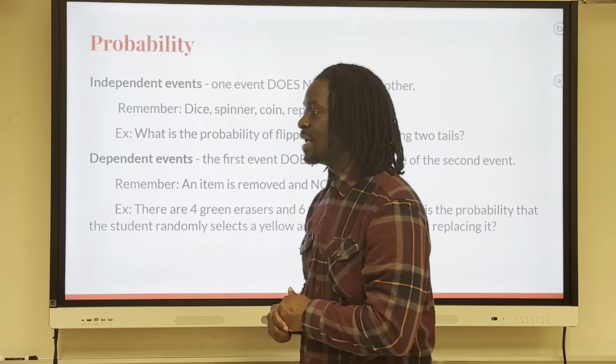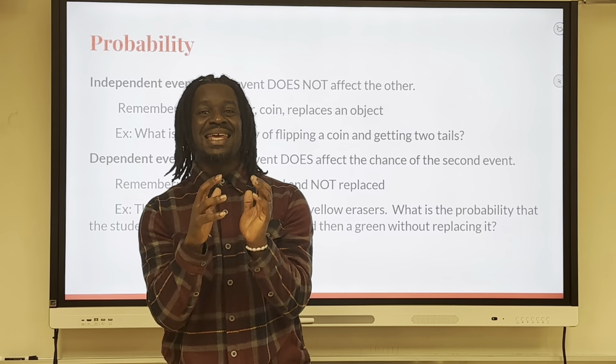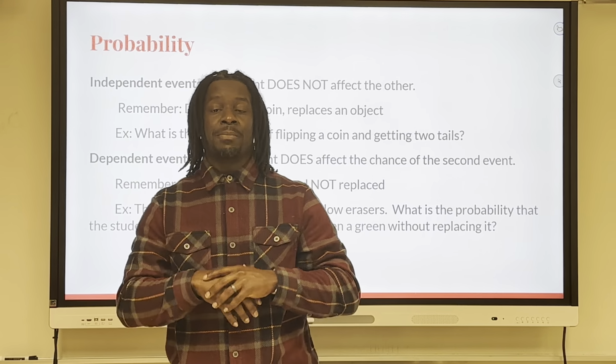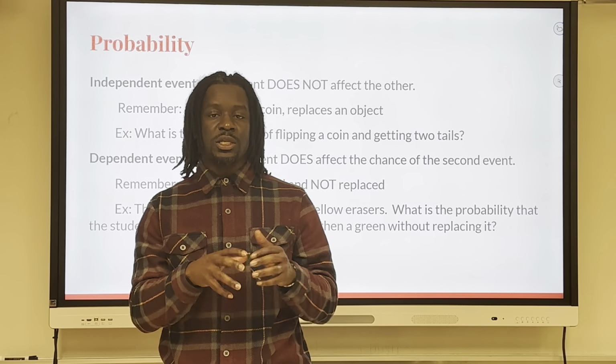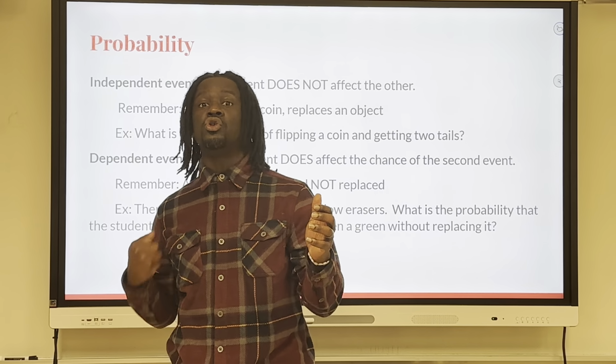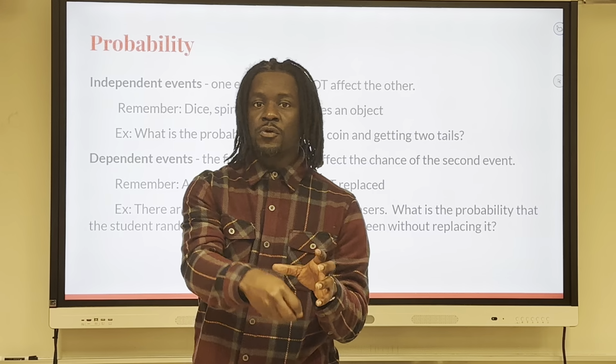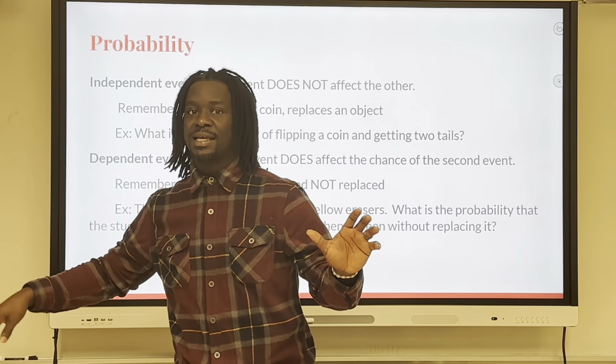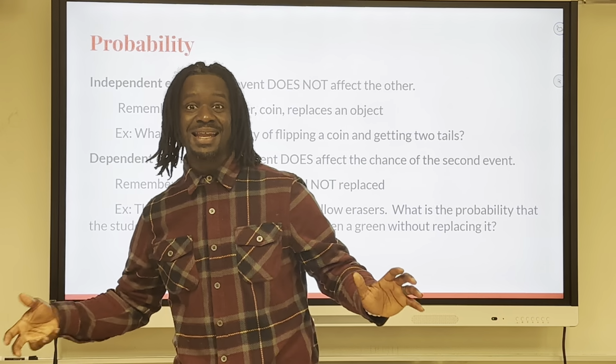Dependent, on the other hand, is when you do something and it does affect the next event. The main type of problem you'll see for dependent is when you take something out and do not put it back. It could be fruit you're taking out and eating, marbles you're setting to the side, or a card you pick and don't put back.